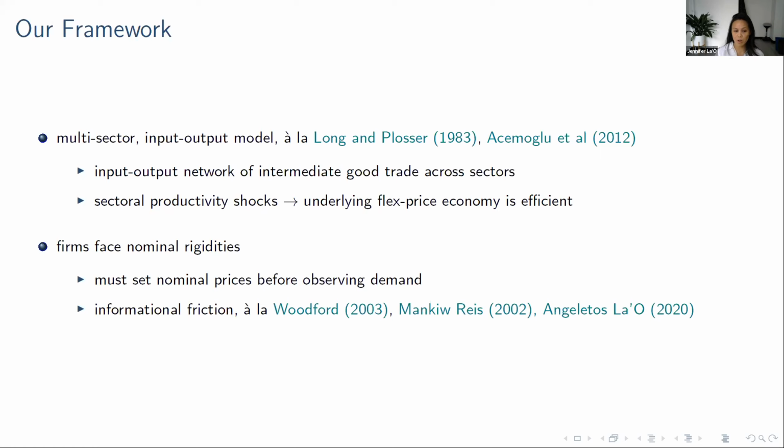Those will be the only shocks in this model, and therefore the flexible price equilibrium in this economy would be efficient. However, we add some frictions, and in particular, the frictions we add are nominal rigidities in the form of an informational friction. We assume that managers must set their nominal prices before observing demand. This informational friction is very much along the lines of other papers in this literature, such as Woodford 2003.